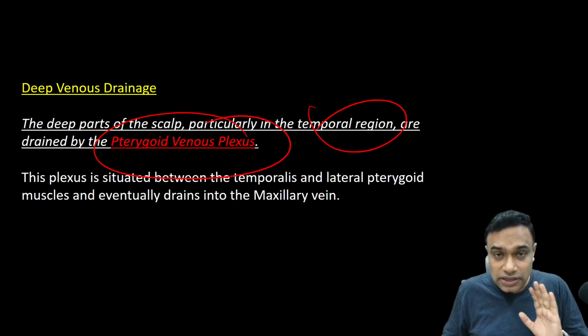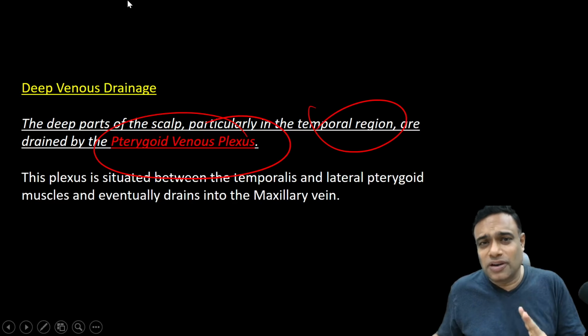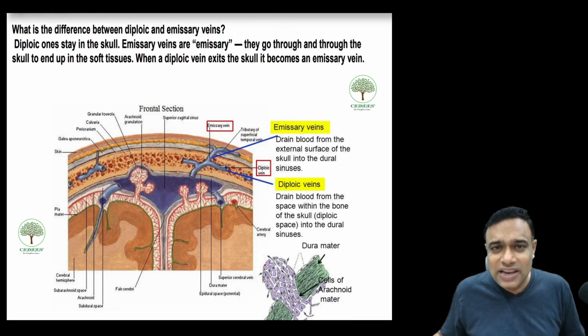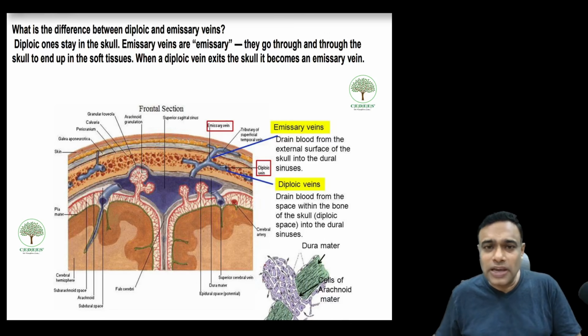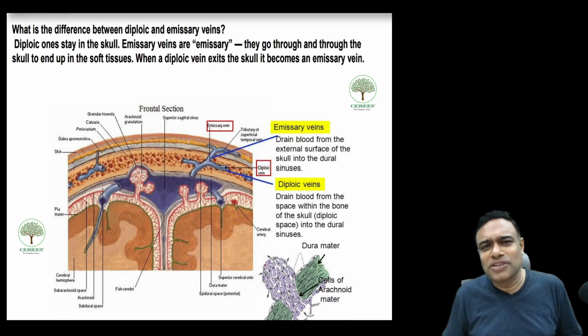Okay, so this is a deep venous drainage. Now we have two other very important parts of the deep venous drainage. One is your emissary veins, and the other one is called your diploic veins. Now, emissary veins, I have had a small discussion, so let me discuss the diploic veins.